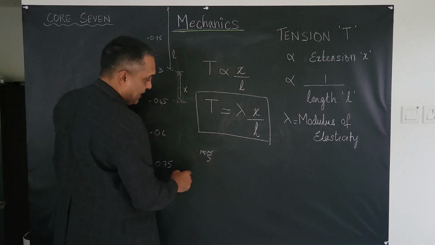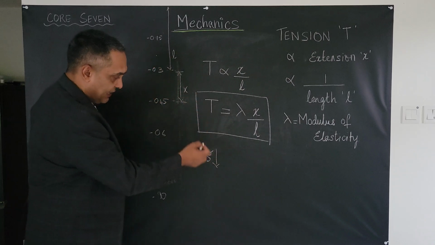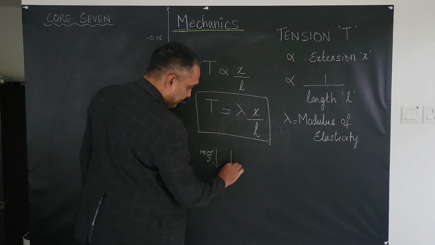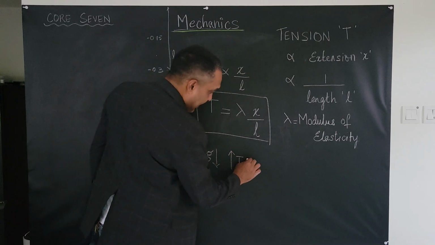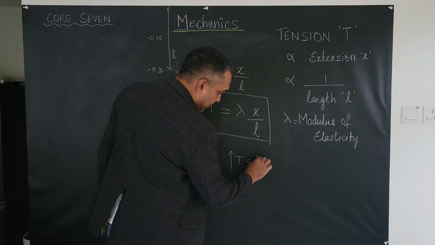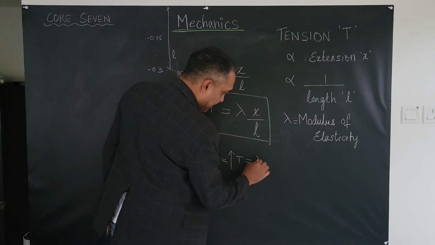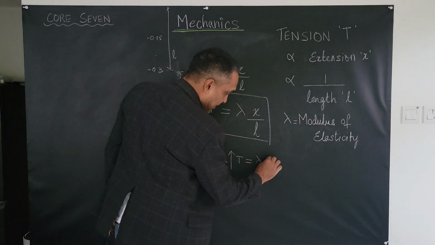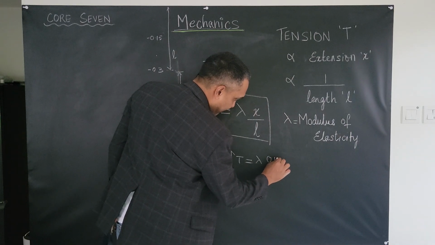That's one force acting downwards, right? And then tension's acting in the opposite direction, right? That's tension, and they're equal, and that's equal to lambda, which you don't know, times x, which here is 0.15.